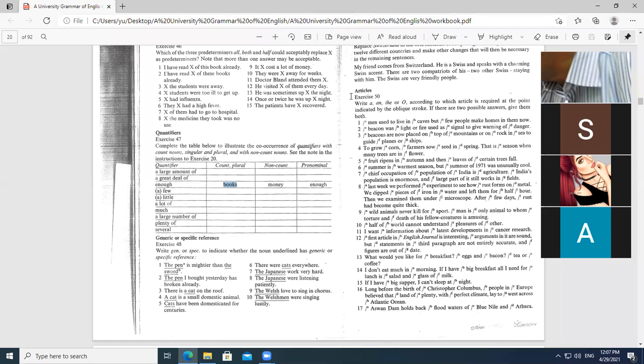To guide planes or ships, zero article. Planes, ships, zero article.